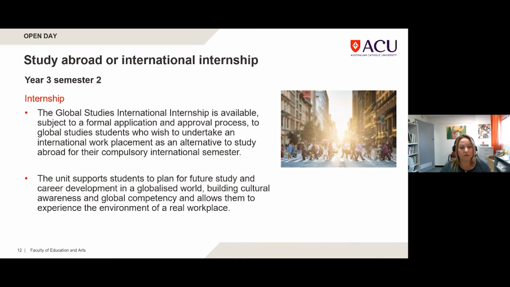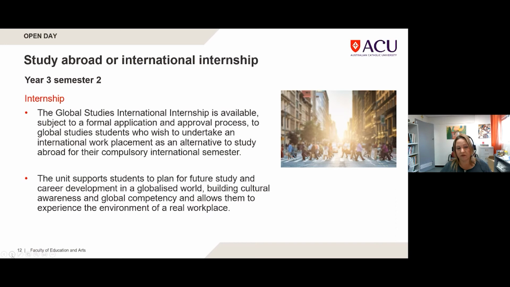And I have to say also the internships and the study abroad, as an ACU student, you will qualify for some funding to help you pay for these overseas internships or study abroad experiences, and that funding partly can come from the government, so you apply as a student when you do an international unit overseas for something called Overseas HELP, and that's something that you pay back later to the government when you're working full-time.